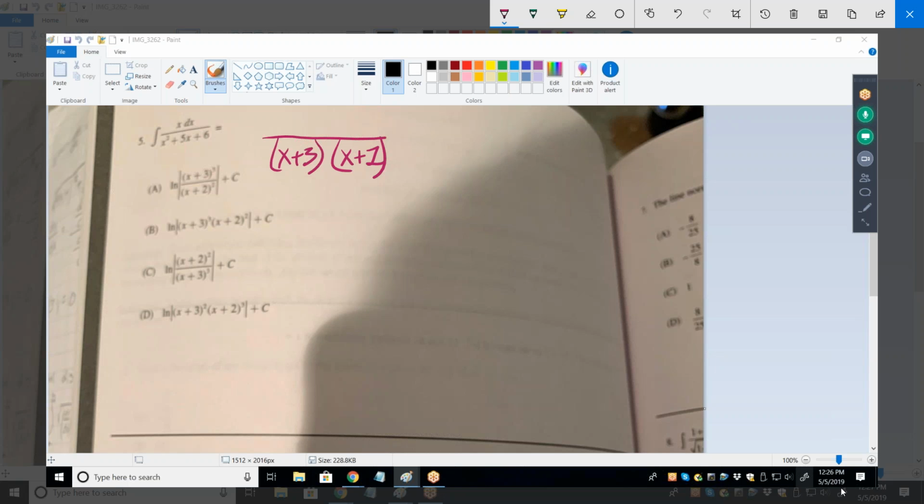Right. Okay. So then x on top, so then a times x plus 2, and then b times x plus 3, and then equals x. So then plug in -2 to get rid of a.